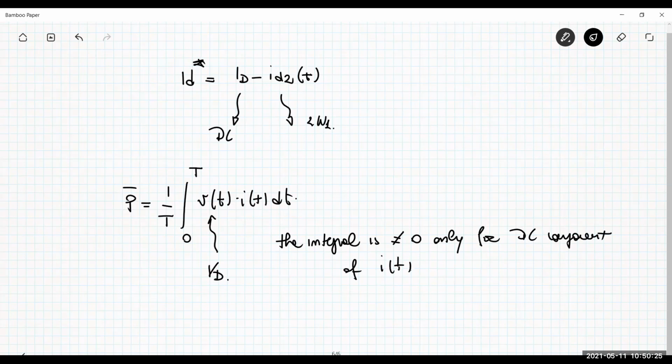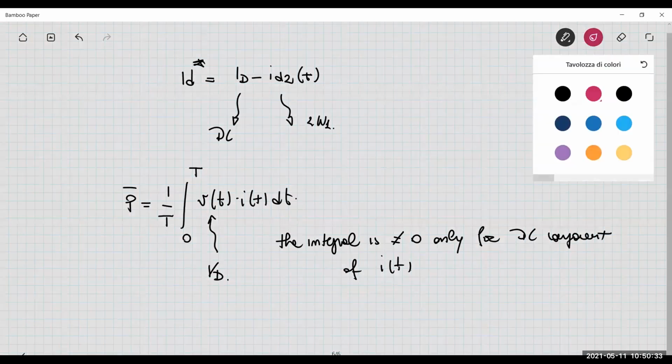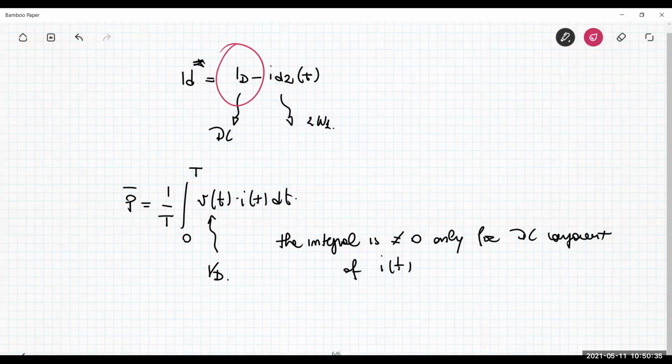So it means that the contribution that provides you real power to your SiC is just given by this part here. While this contribution here does not provide any useful energy contribution.